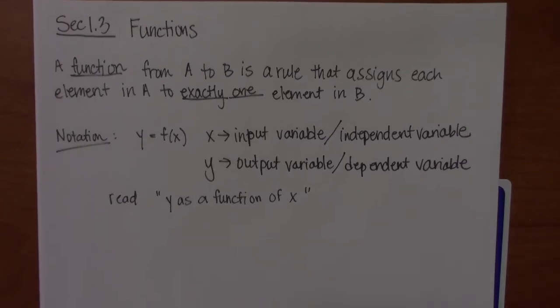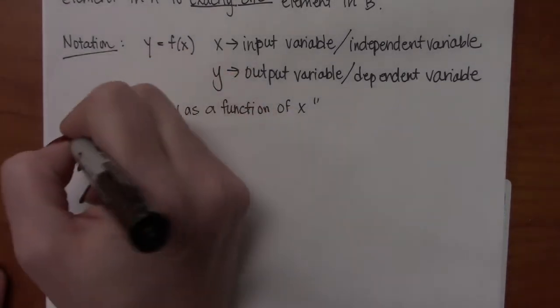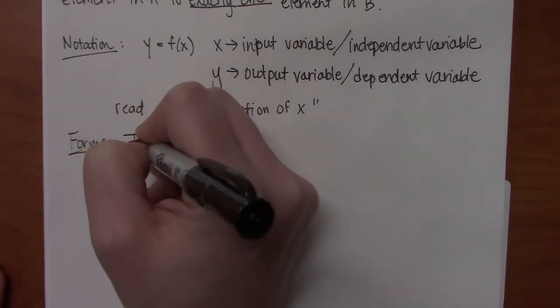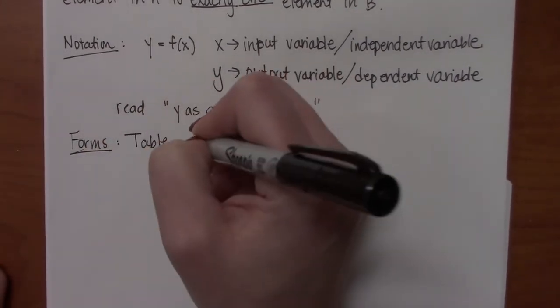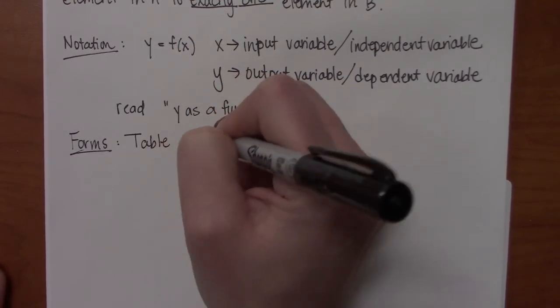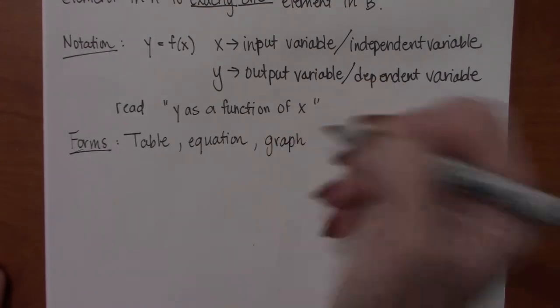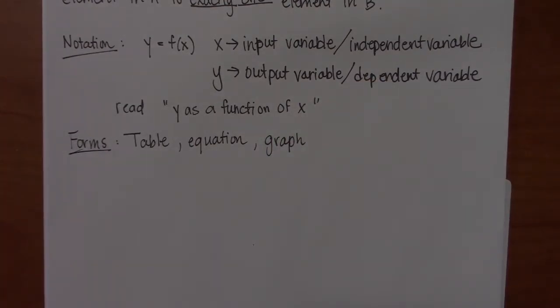There are three really common forms that you'll see a function expressed as. You could see it in a table. We could see it written as an equation, or we could simply give you a graph.